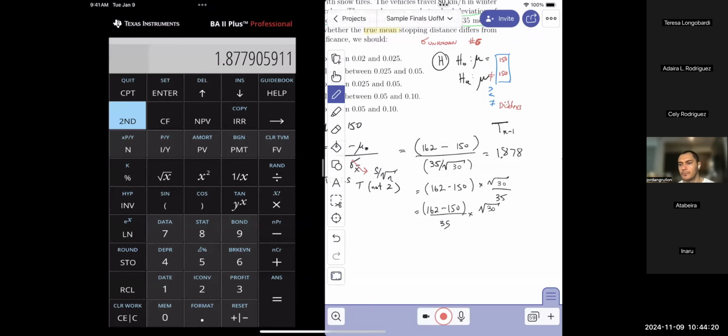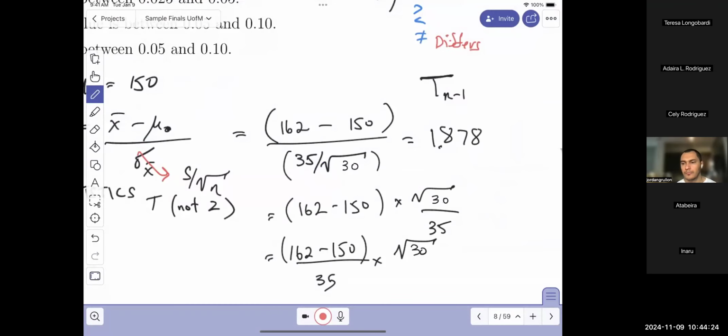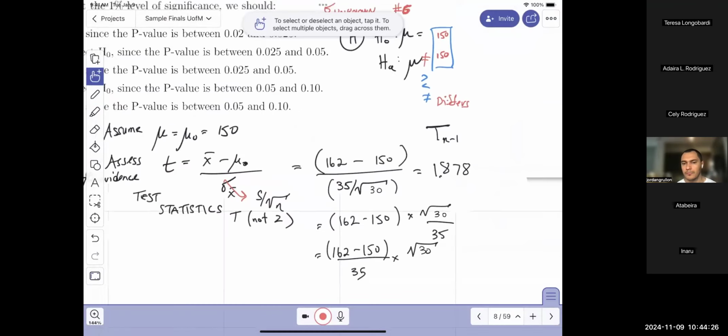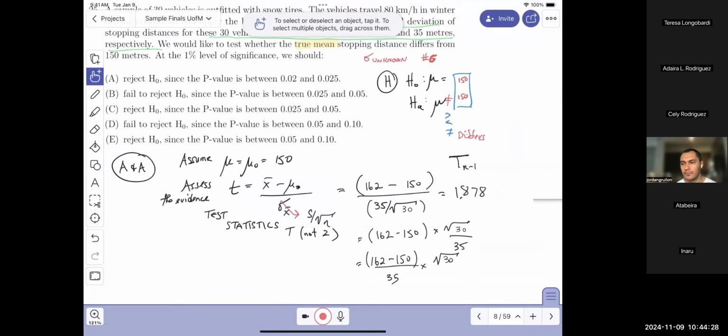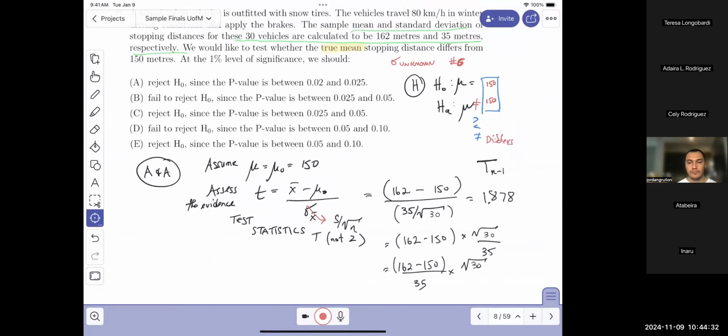Okay, now what? You can also put it in Excel if you don't know how to put it in your calculator. So it's 1.878, and we need to know the degrees of freedom because that matters for picking the correct row on the T table.